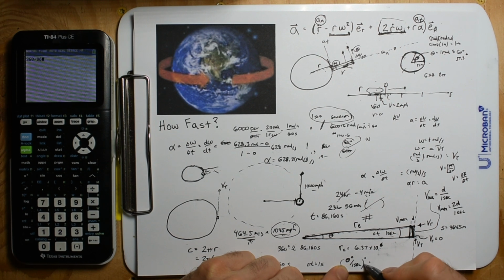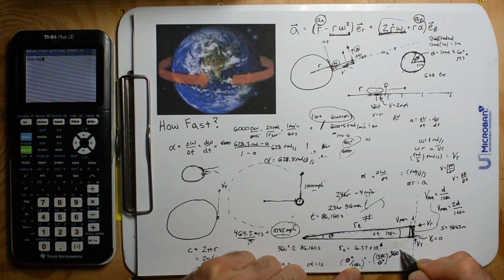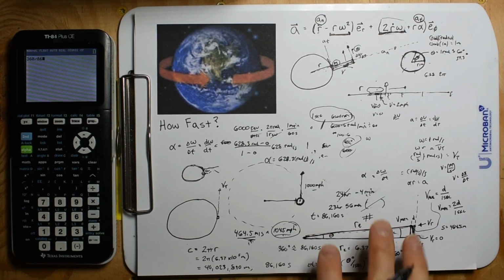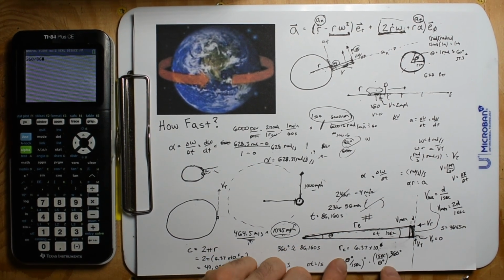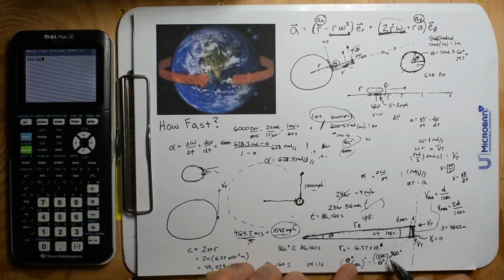If I wanted to get seconds, then I would invert it, and I would go 1 second per degree, and then I would multiply by 360 degrees. Sometimes just the simplest stuff can really bother me.